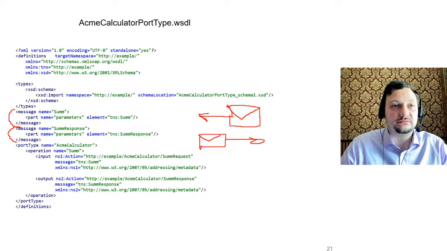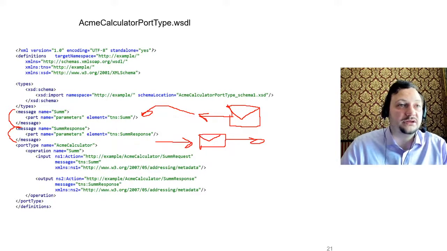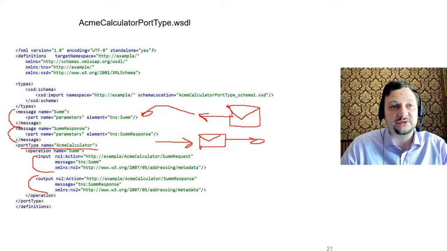So this is input and this is output. Next, we see that this is our port type calculator, and we have one operation, and the input is described as this message, and the output is described as this message.